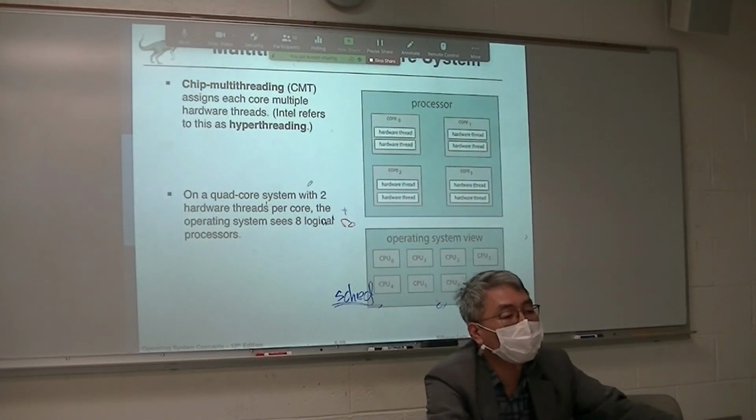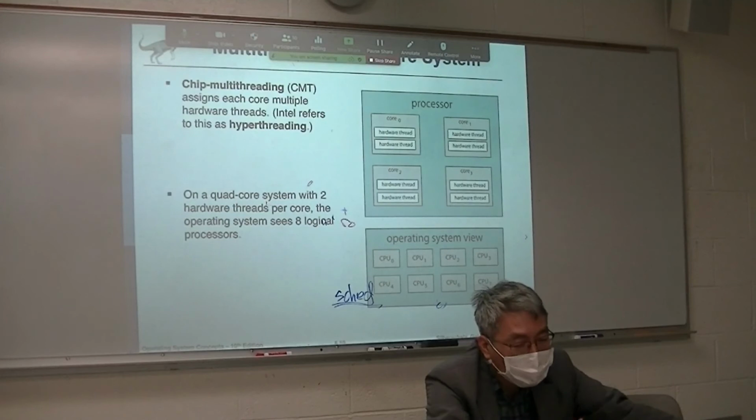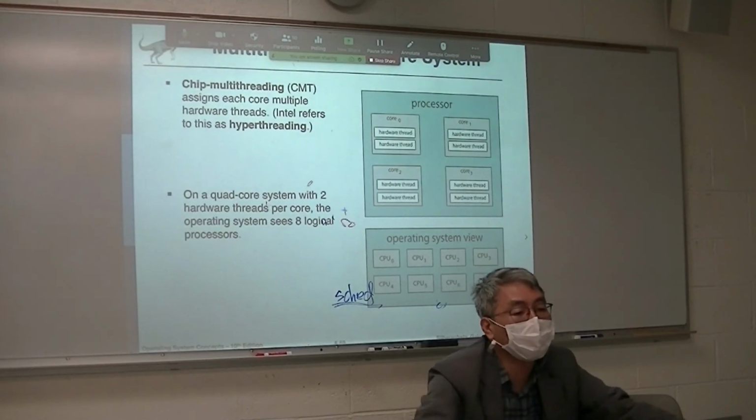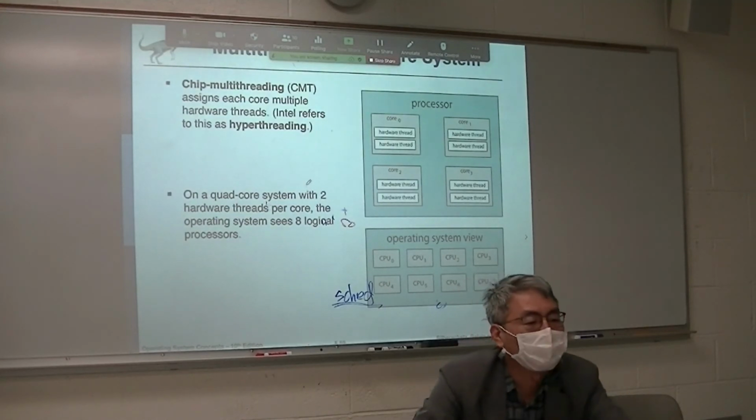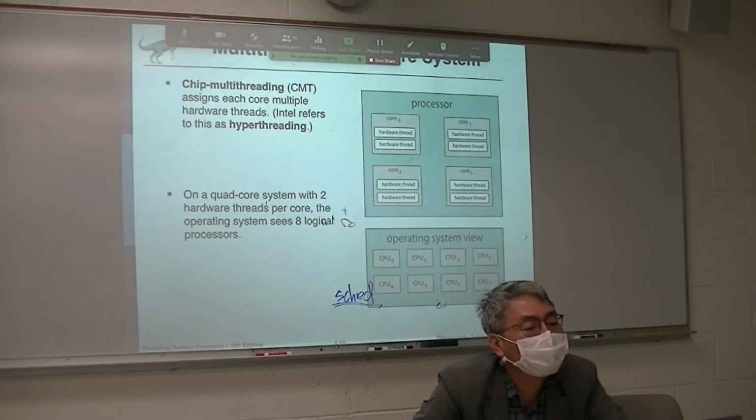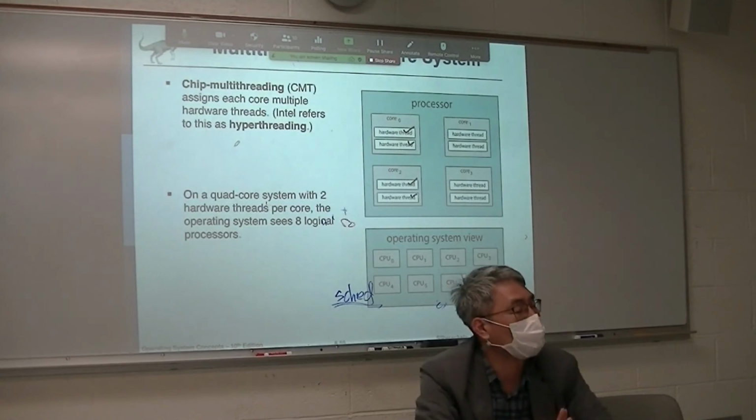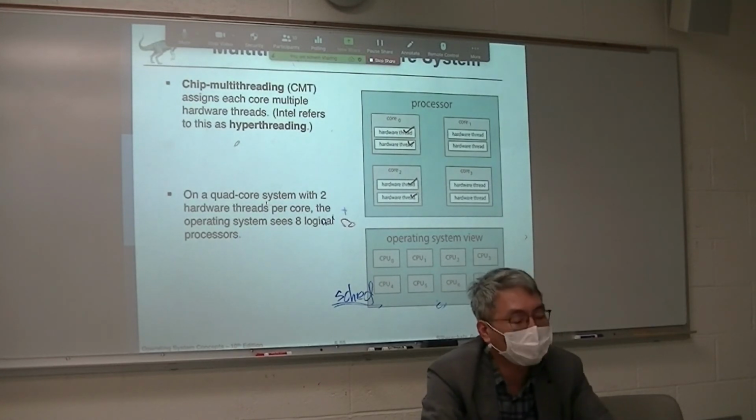So this is an illustration of a multi-core system that supports a multi-threaded program. You can see the thread for each core. So it's hardware-level threaded programming, like for example, hyper-threading supported by Intel and so on.